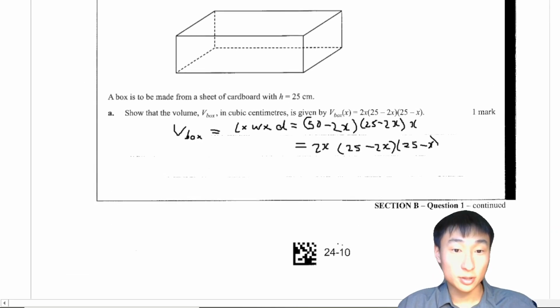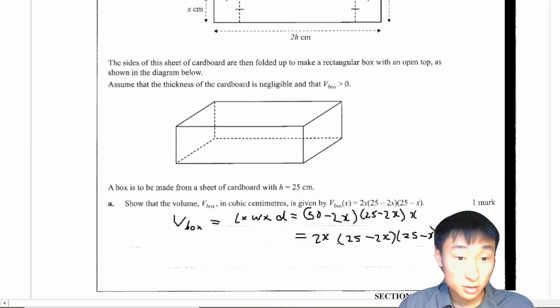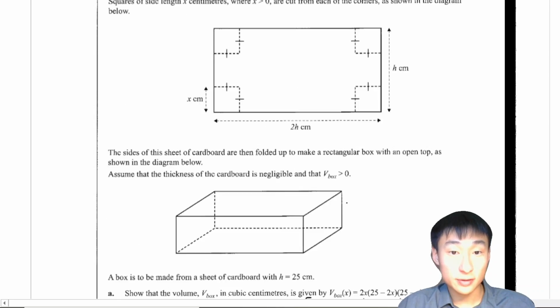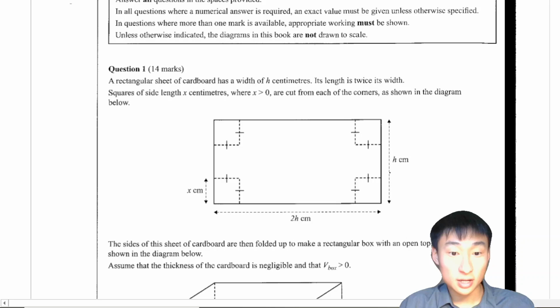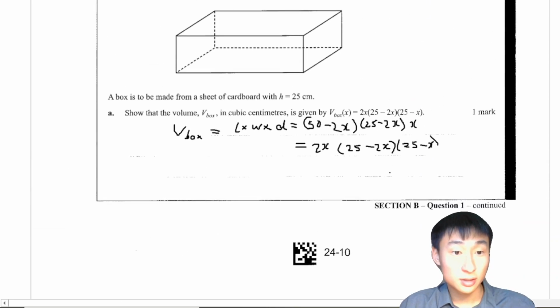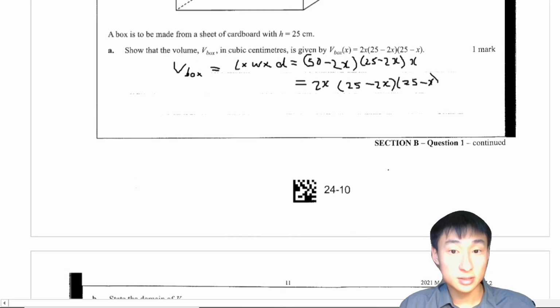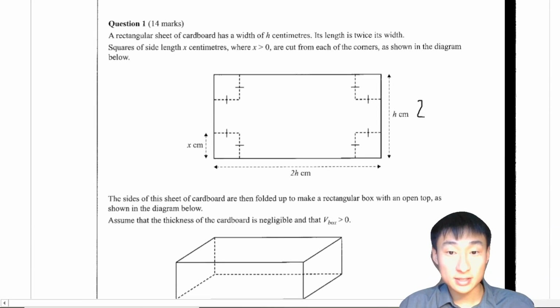State the domain of V box. Okay, so the domain of V box, that's just the values of x that can be had. h is 25, which means that 2x has to be less than 25, and x is larger than 0, obviously.